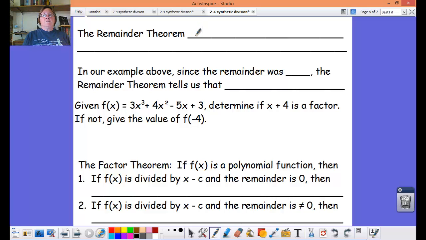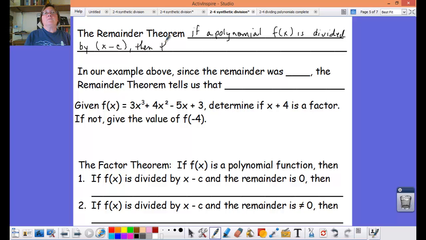The remainder theorem says if a polynomial f of x is divided by some binomial x minus some number c, then the remainder is f at c. Now that needs some wordage.